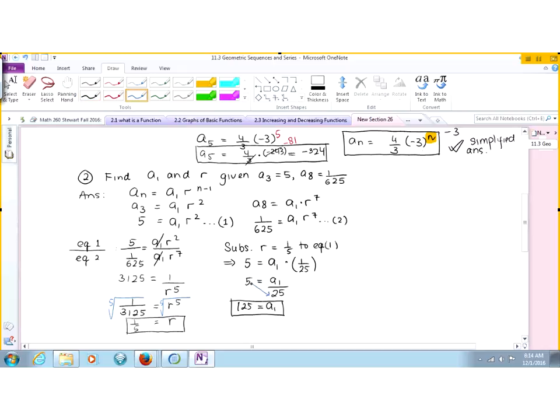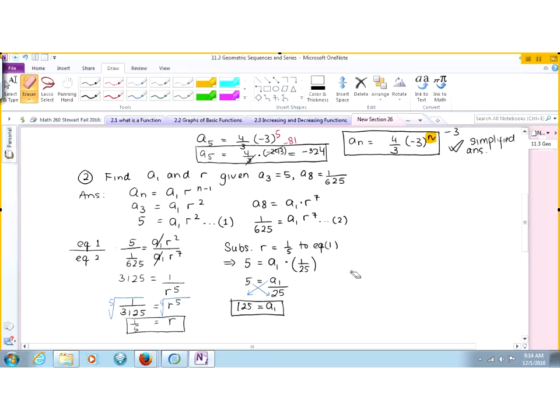So we cross multiply here, or you could say, oh, we will multiply both sides by 25. But this is 5 over 1, so you could cross multiply. Why? Because this is R square. Oh, okay. So this is R square. So this is 1 over 5 square, which is 1 over 25, right? Yeah.